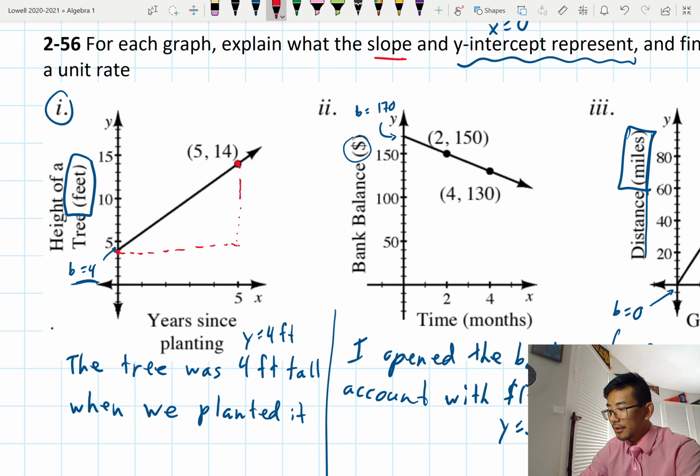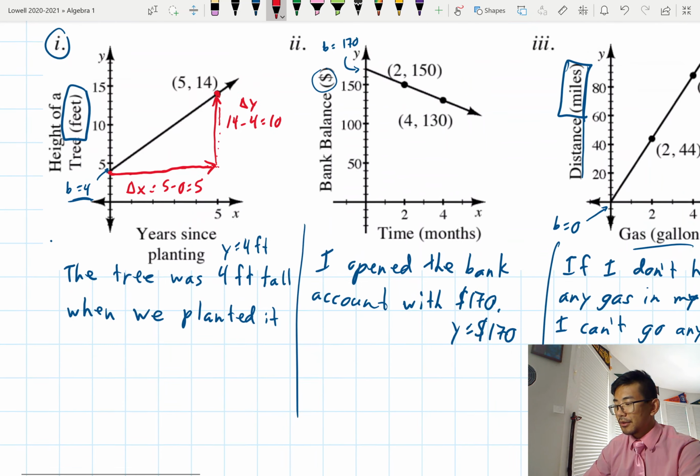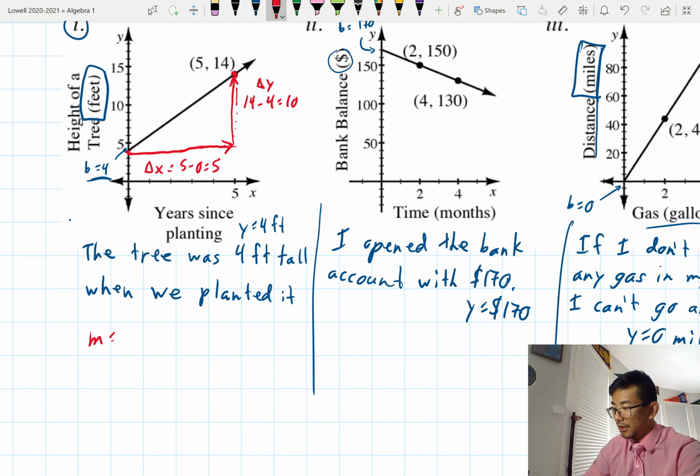It would be 14 minus 4, which is 10. My delta x is 5 minus 0, which is 5. And so my slope on this one would be 10 over 5, which is 2.